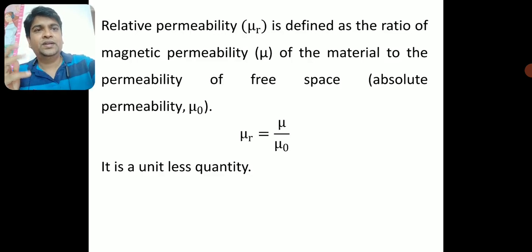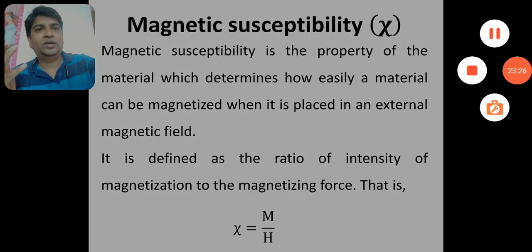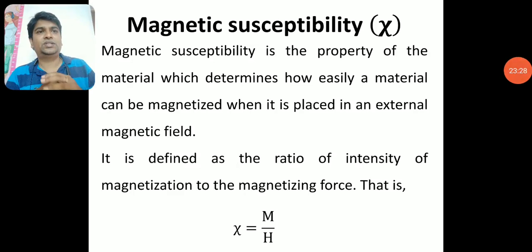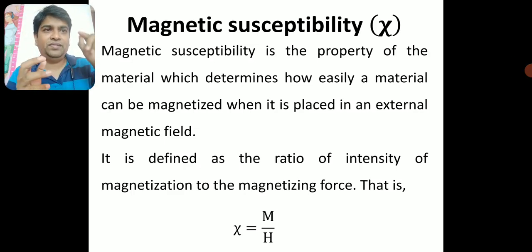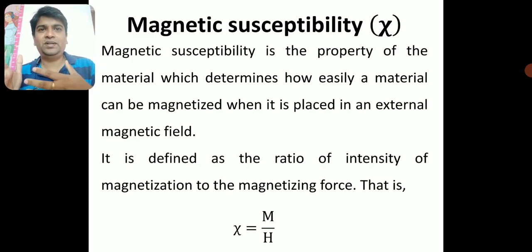Okay, right. We'll move on to the last definition, which is magnetic susceptibility, which we represent by the symbol chi. Magnetic susceptibility is a property of a material which determines how easily a material can be magnetized when it is placed in an external magnetic field. How susceptible it is to magnetization.